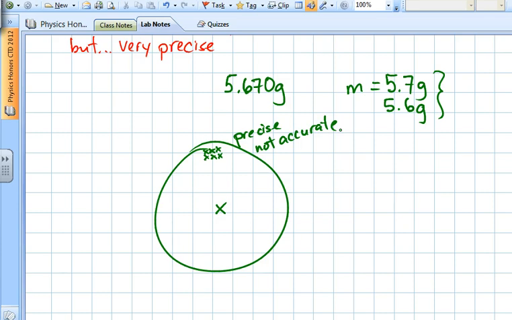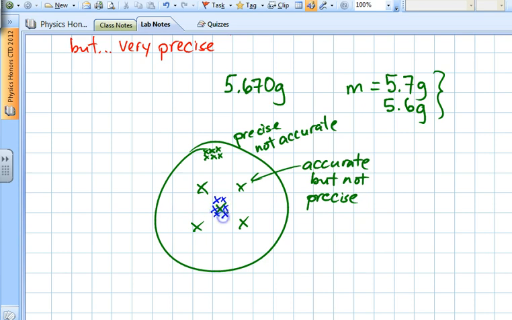Likewise, if you have shots that kind of cluster around the accepted value, these are accurate, but they're not very close to each other, so they're not precise. And if we wanted something that was accurate and precise, they would have to be close to each other, and they would have to be close to the accepted value. So these would be accurate and precise.